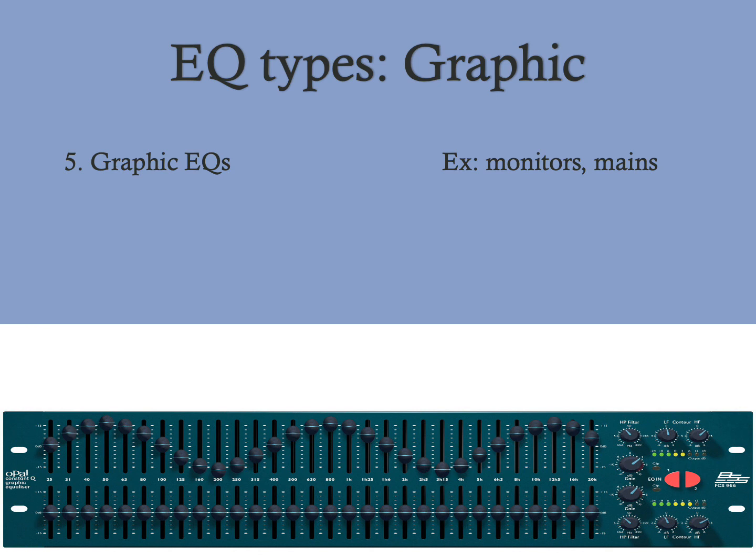And finally, the graphic EQ. These are oftentimes used for monitors, like at side stage in a live sound rig, where you can easily call up a specific frequency and notch it out. So based on how many bands it is, this looks like a 32 band EQ, with the left-hand channel on the top and the right-hand channel on the bottom.